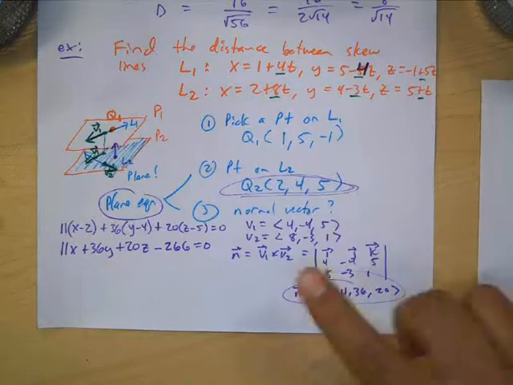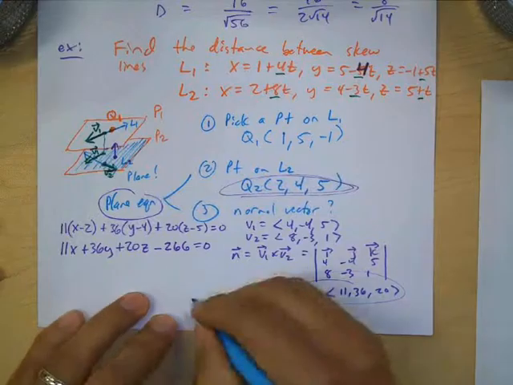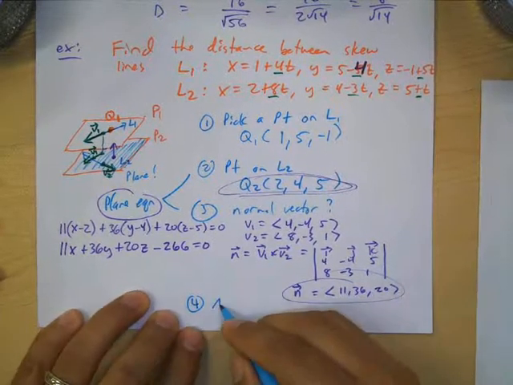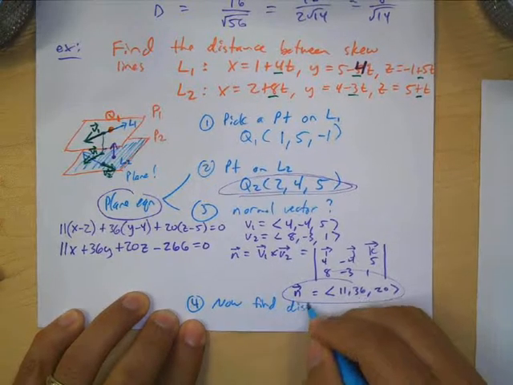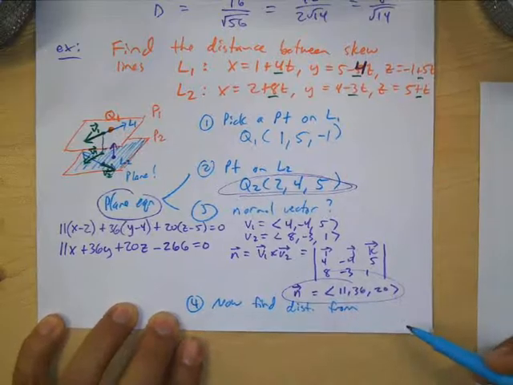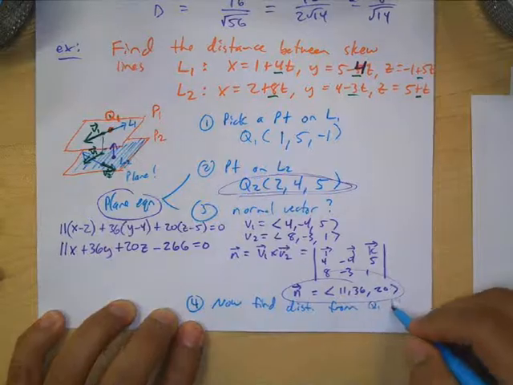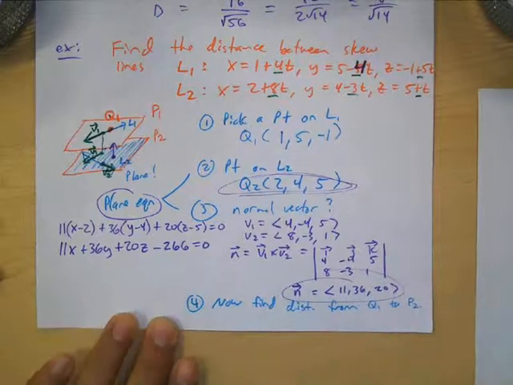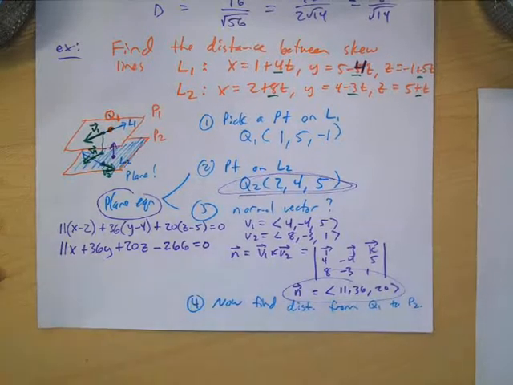So all this work, let me switch back to blue, the same blue color. Now find the distance from what point? Q1 to the plane below it, plane 2. It has to be the same distance.